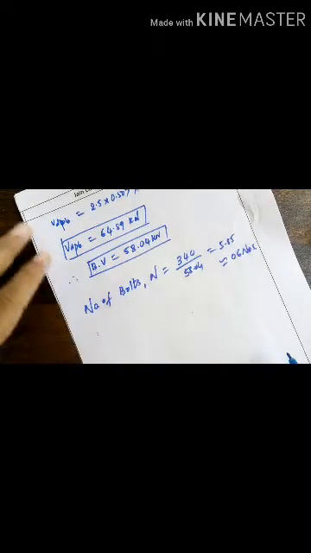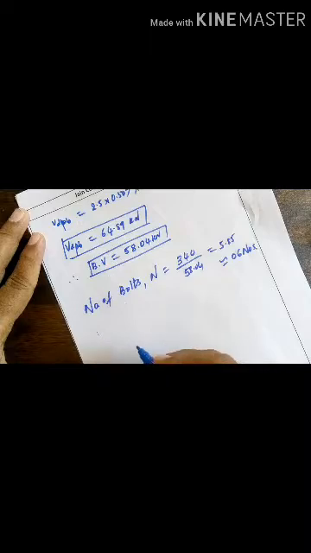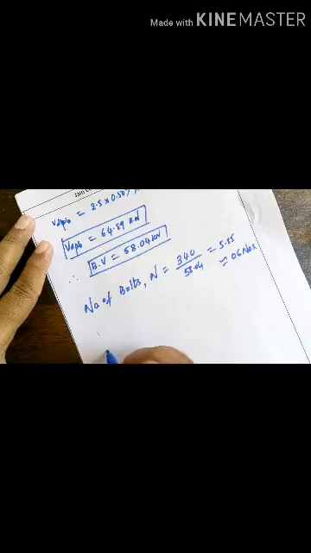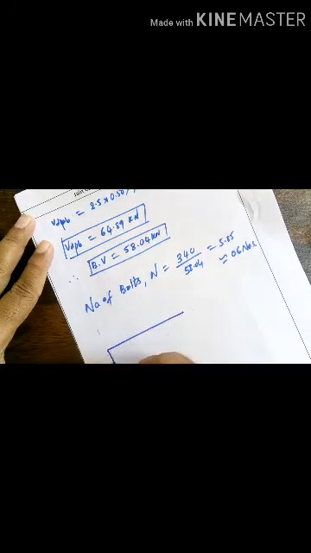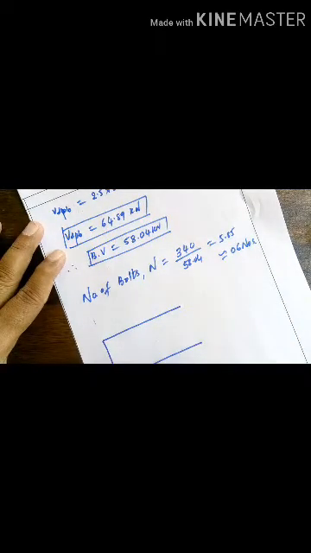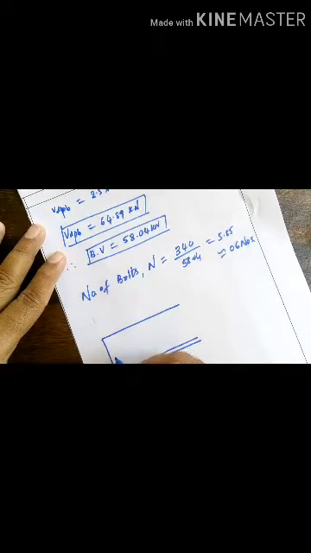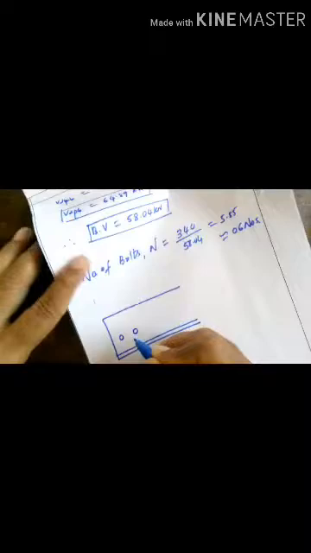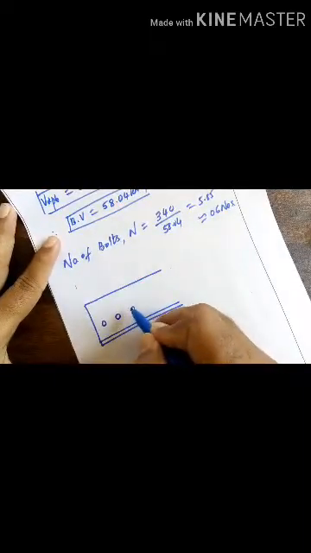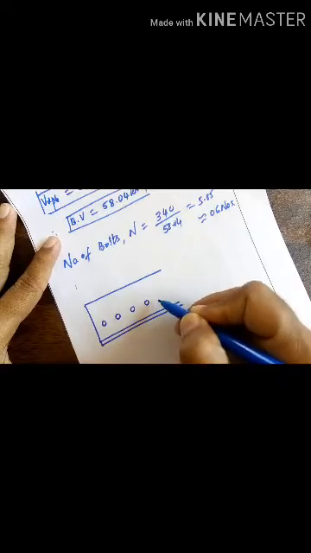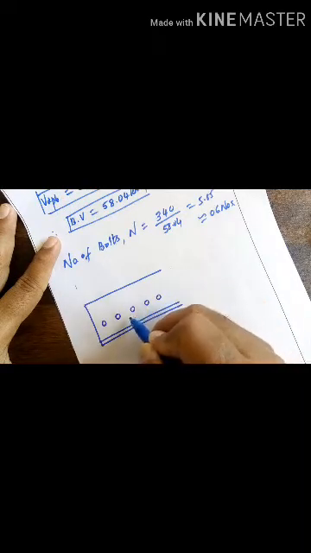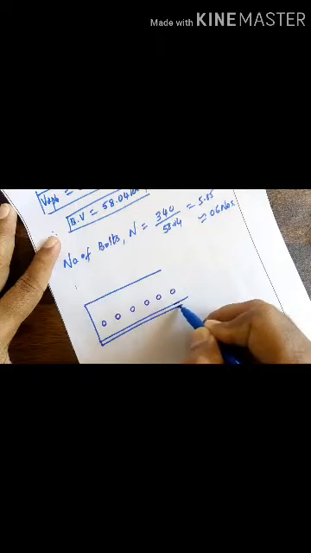Then after calculating the number of bolts, arrange these bolts. Let us draw here. This is the angle section. Six bolts to be arranged: 1, 2, 3, 4, 5 and 6. This is the arrangement.